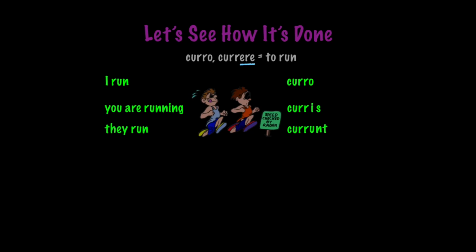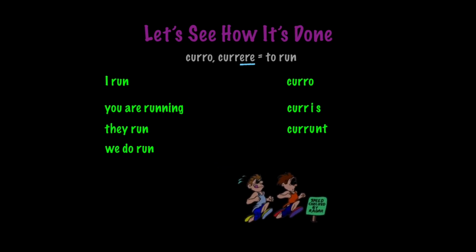Now, let's try to write a new phrase with the verb to run. This time, let's write, we do run. We begin again with the base of the verb, CURR.